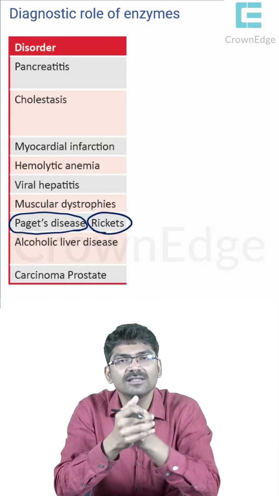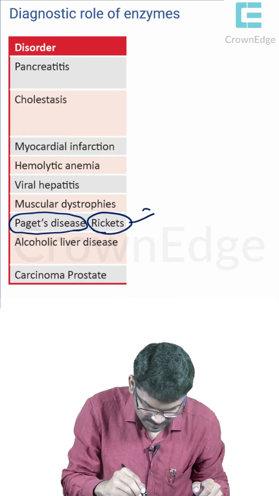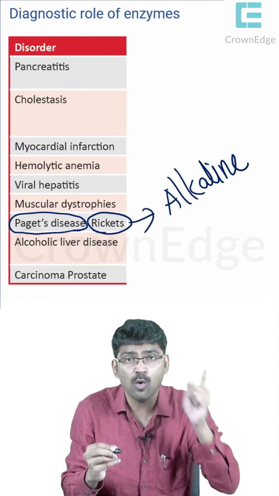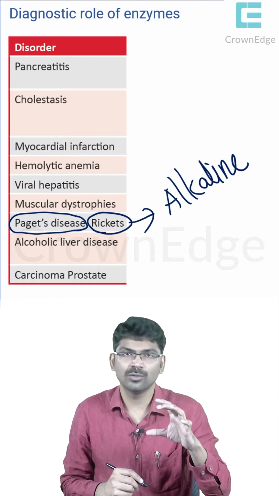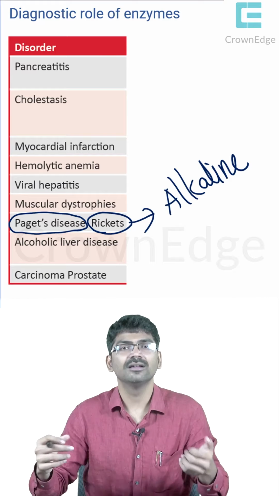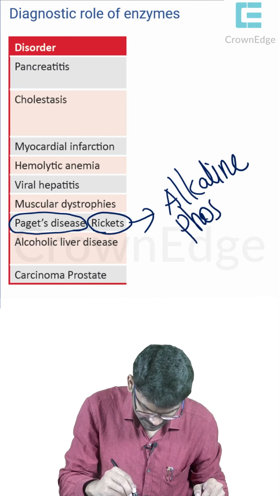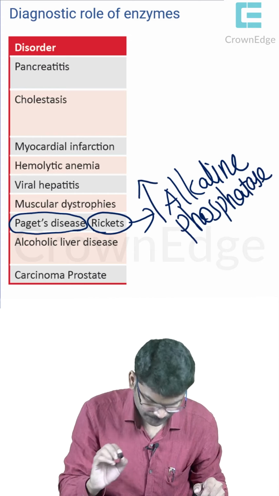So the marker for osteoblastic activity is your alkaline phosphatase, ALP. This is the bone form. Alkaline phosphatase again has a lot of isoenzymes. It is there in the intestine, placenta, bone, and liver, right? So in rickets, the bone alkaline phosphatase will be high.